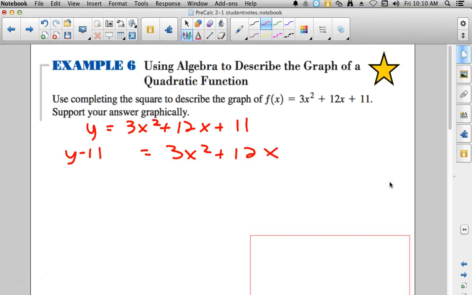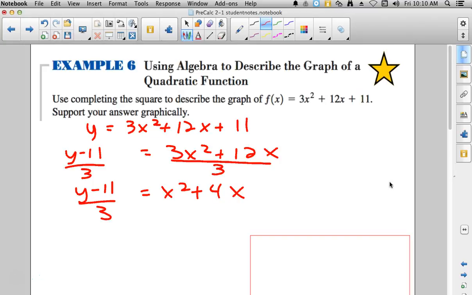Divide that. What's next? b over 2 squared. Tell me what you get. Plus 4. 4 divided by 2 is 2, and when we square it, we get plus 4.